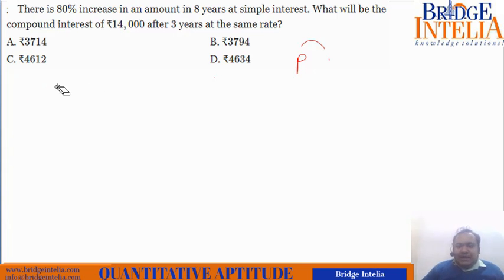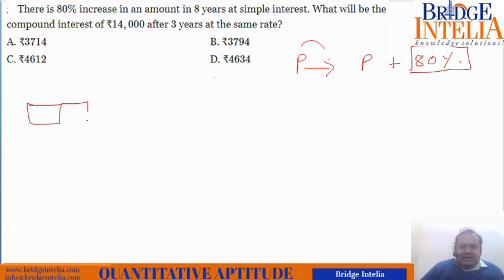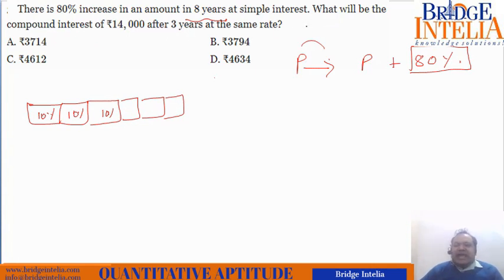So if P has increased by 80%, that means P became P plus 80%. So this 80% was given by the bank in 8 years, in 8 equal installments of 10% each. So each year the bank was giving you 10%. So the rate is 10%.